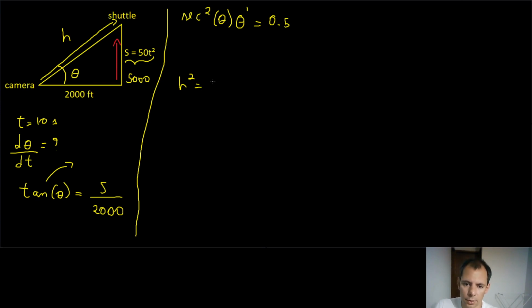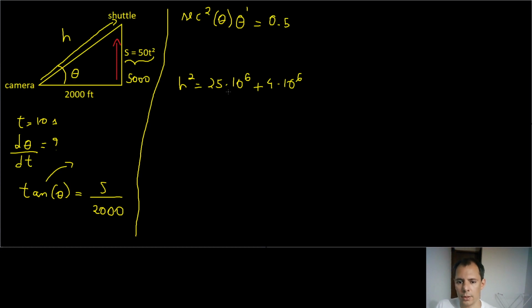5,000 squared, right? Because you got to square this one plus the square of this one, so it's going to be 25 times 10 to the 6 plus 4 times 10 to the 6. Where's this 4 coming from? Because it's 2,000. You see, it's the square. So it's 5,000 times 5,000.